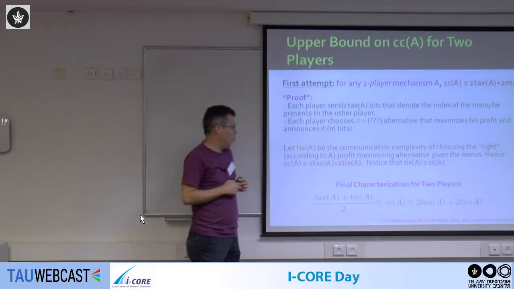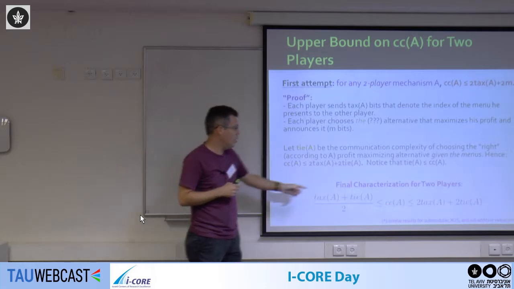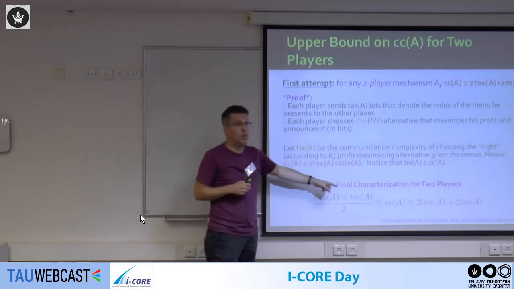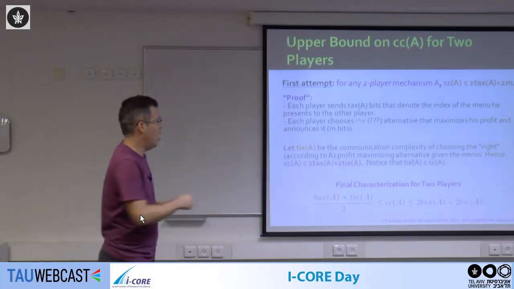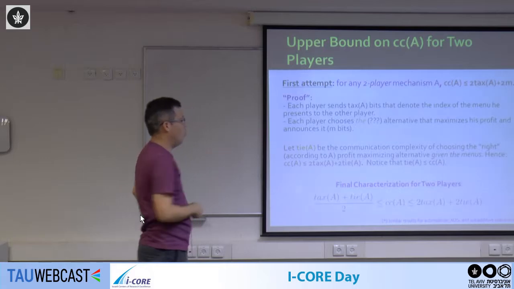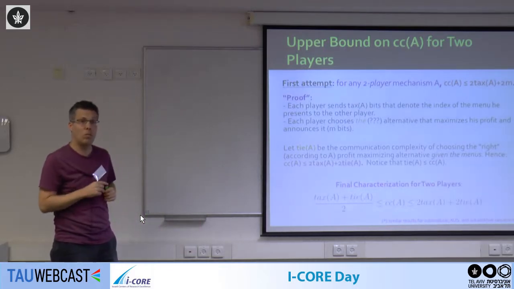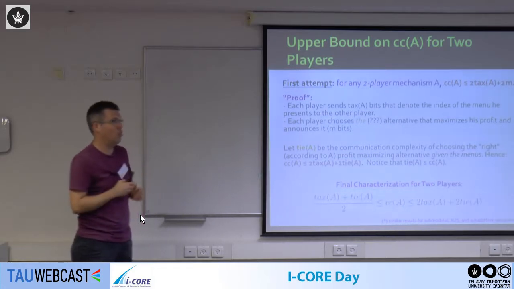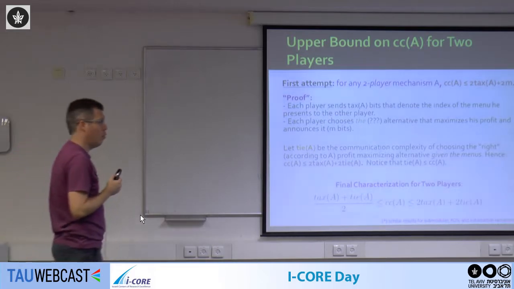Before, I told you that the taxation complexity is at most the communication complexity, and this shows that the tie-breaking complexity is at most the communication complexity, so the average is also at most the communication complexity. And for the other side, we have this protocol that gives us an upper bound on the communication complexity. So we're able to characterize the communication complexity of every 2-player mechanism up to a factor of 4.